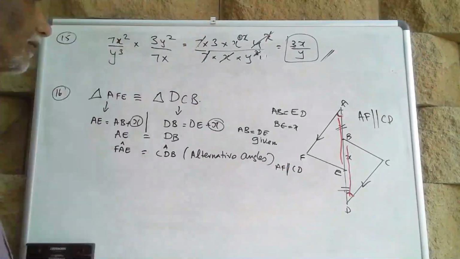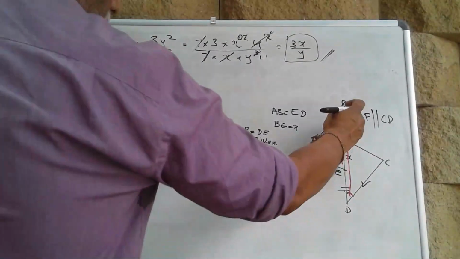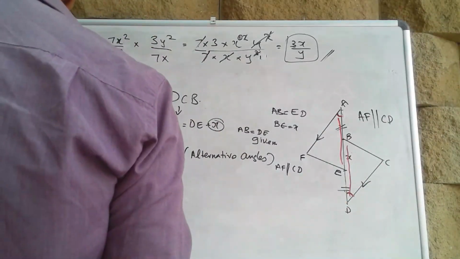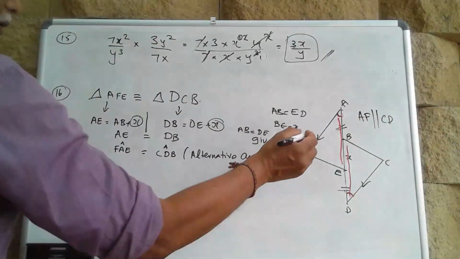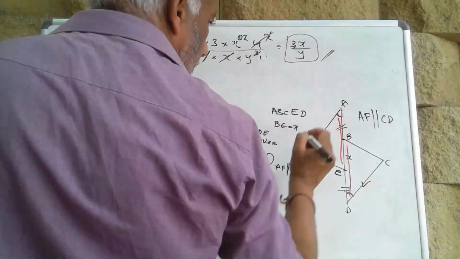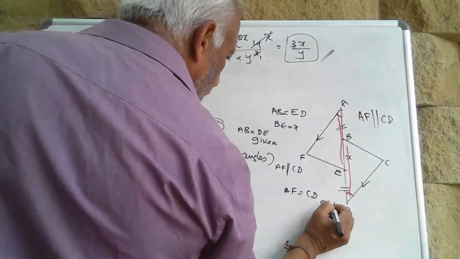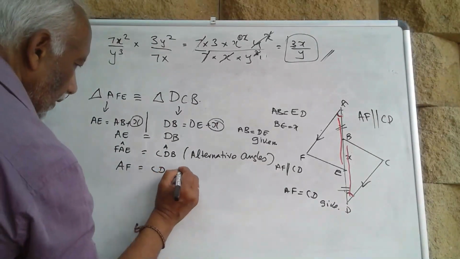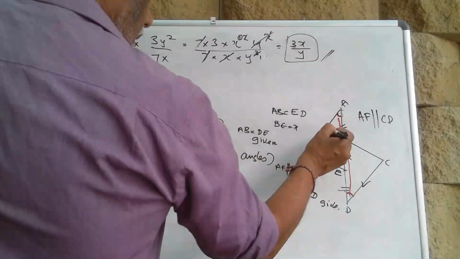Anything else we can find? So if you look at that, we know this side is equal to that side, so that side is equal to this one. Anything in the given information? AF equal to CD is given, right? So AF equal to CD, I can write given. In that case, if you look at the triangle, this one is equal to that one.